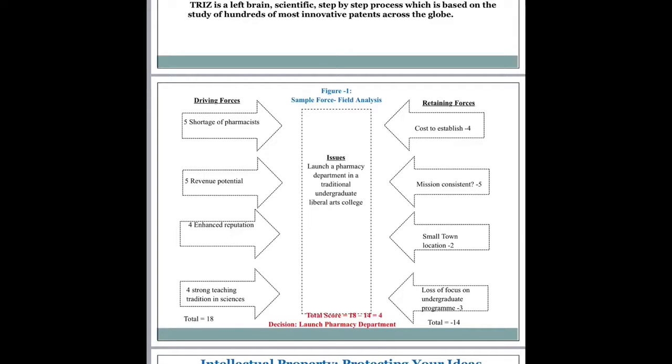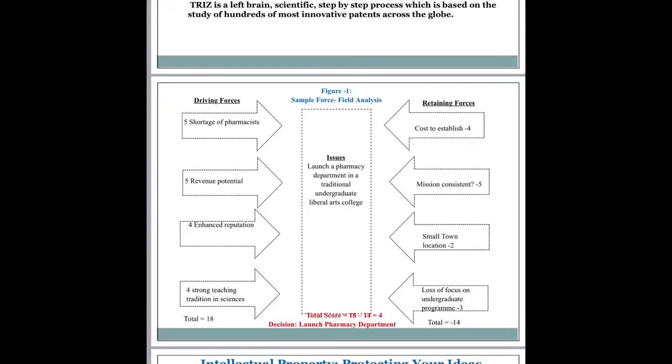What it means is that maybe the undergraduate program focus will be diverted from a pure, traditional liberal arts college to this pharmacy college. But what we see at the end is that we make a total.